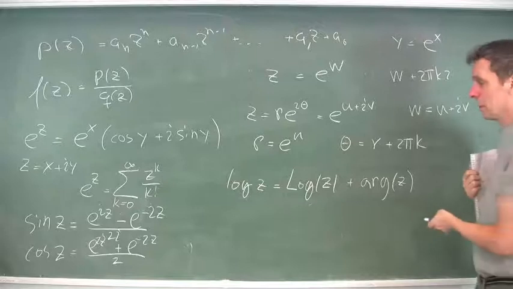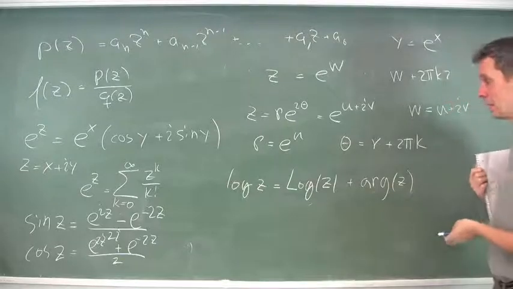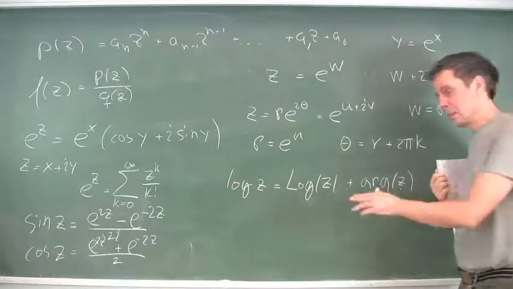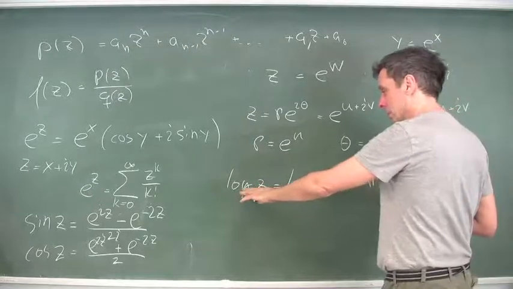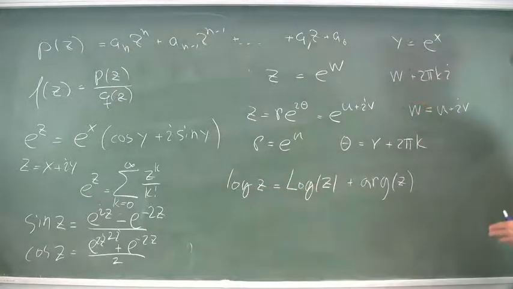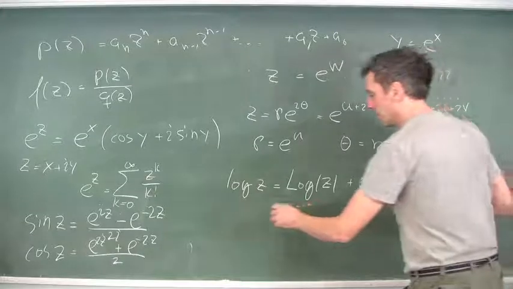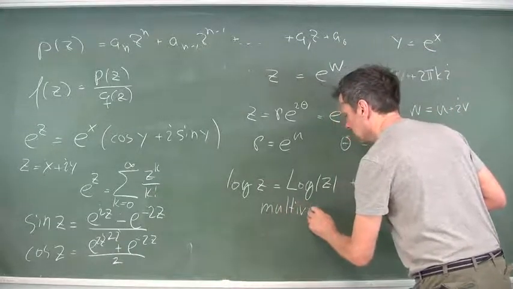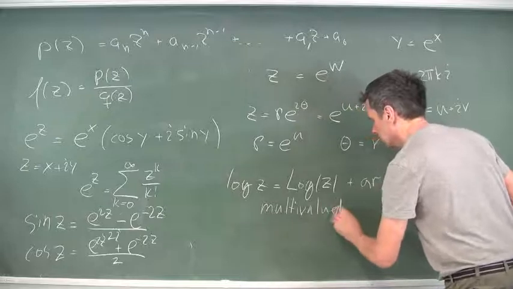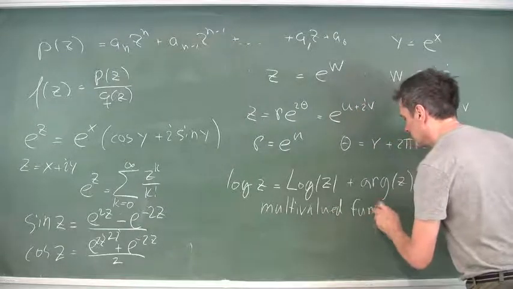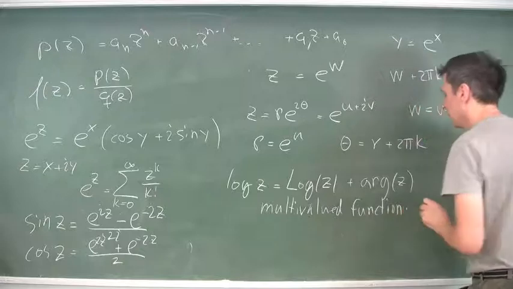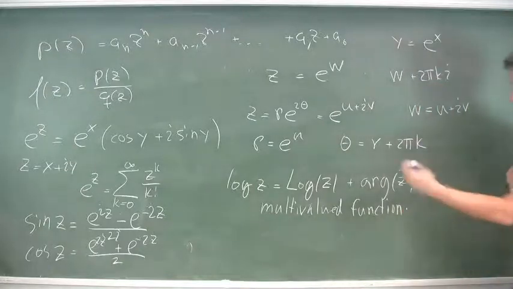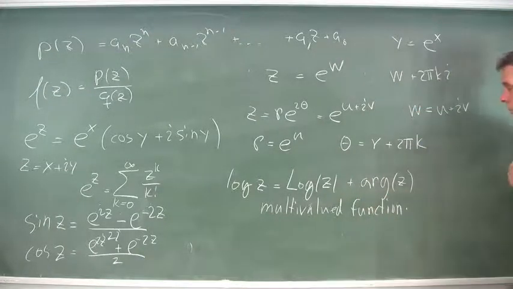And it has most of the nice properties that a logarithm should have. The problem is that it's not really a function as it stands. It's what you can call a multi-valued function. So you cannot always treat it as a function in the way we are used to.